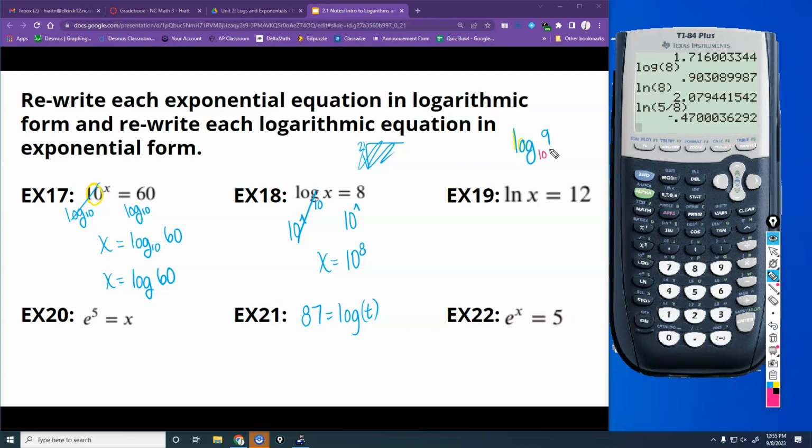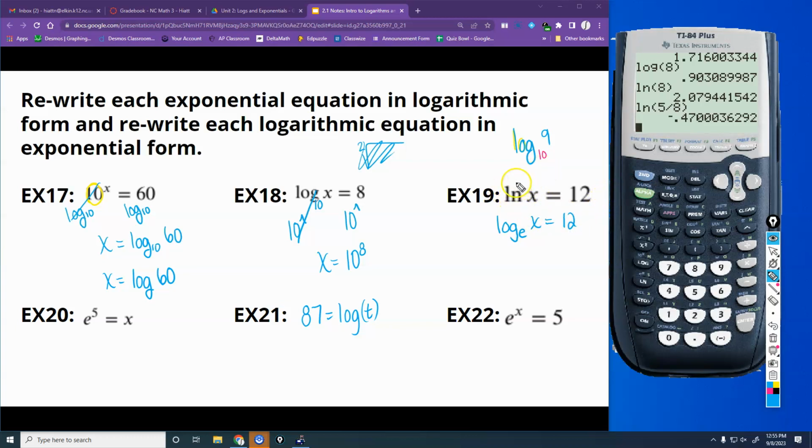Unless it's like number 19. 19 doesn't even say log, right? 19 says ln. And so ln was a special one, right? Ln is the same as a log with a base e. So ln of x equals 12 is the same as log base e of x equals 12.